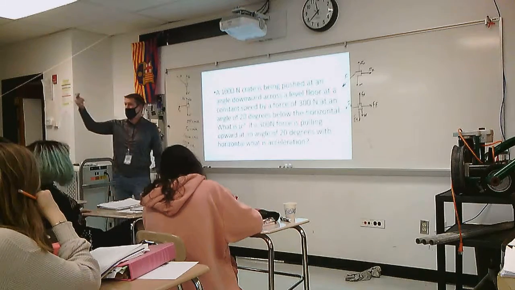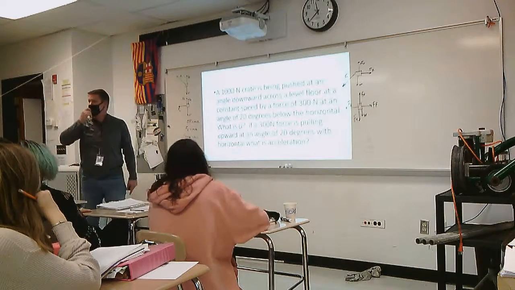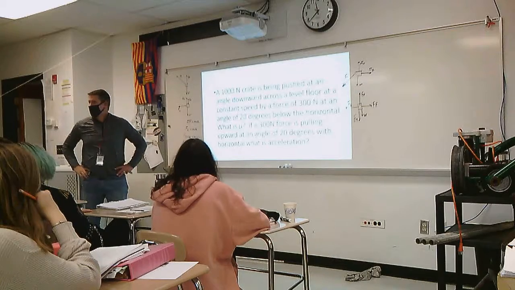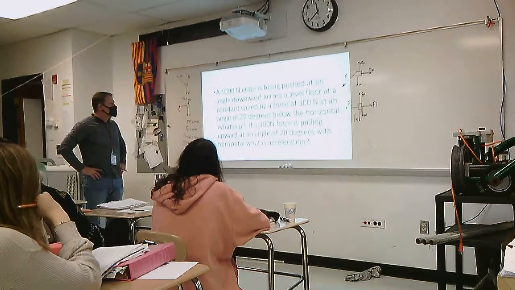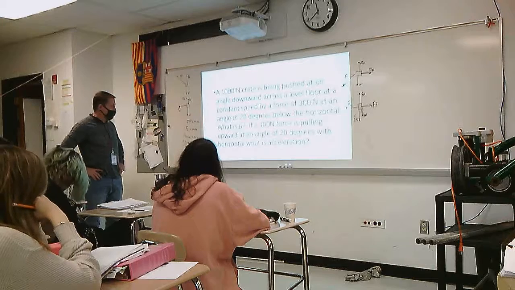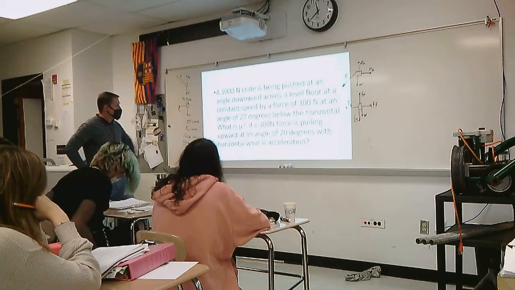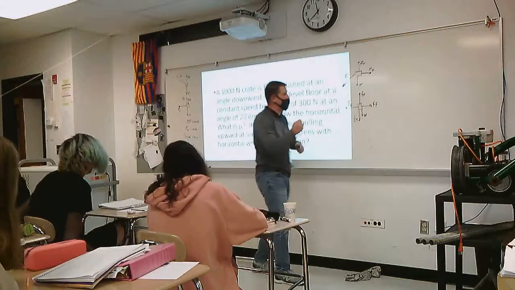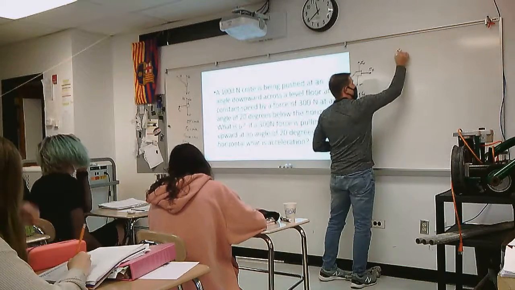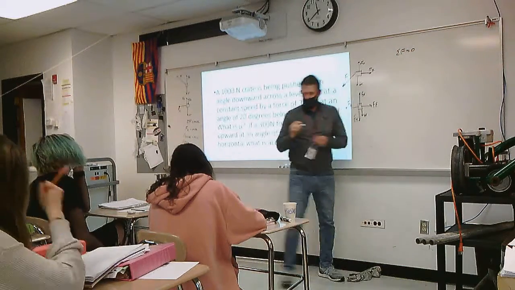Now, Carl said we got to figure out whether this thing's in equilibrium or not. Carl, is this thing in equilibrium? Yes, correct. How do you know? Constant speed means equilibrium, which means, Kyle, how are we going to start this problem here? Sum of the forces equals 0.